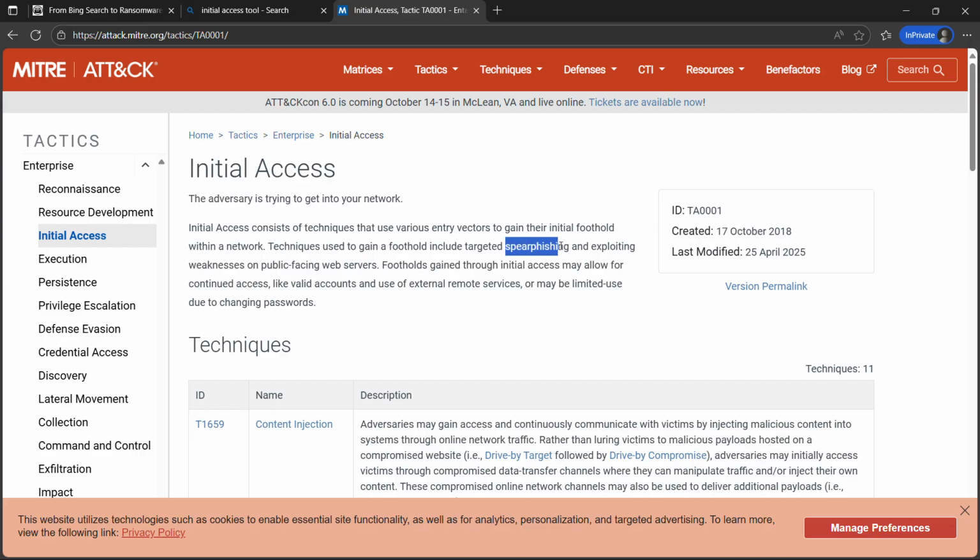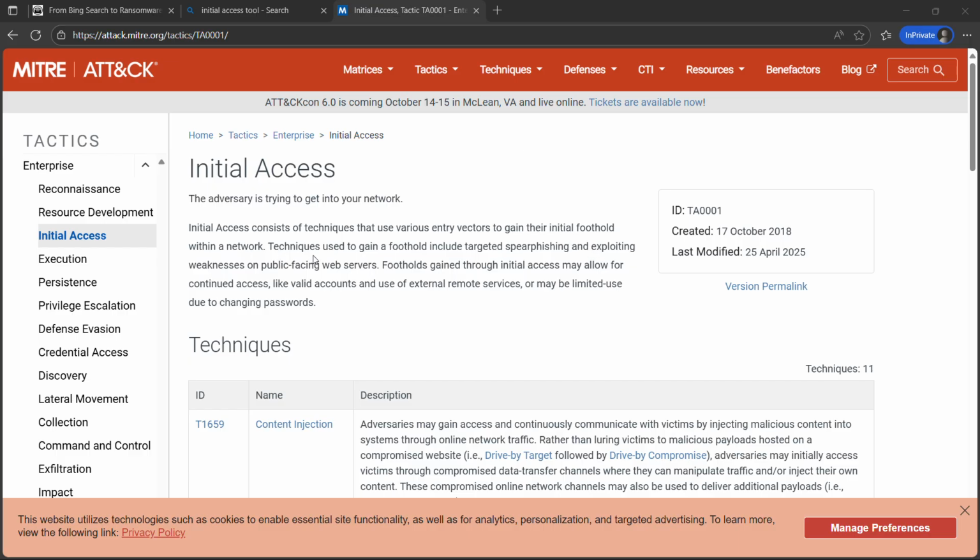And because they know who their target is, they can modify and alter that phishing attempt to fit their target, and to actually get them to click.